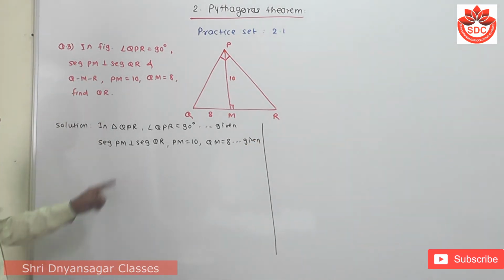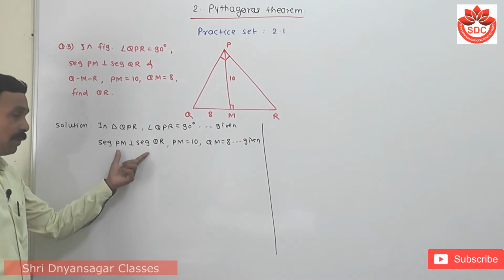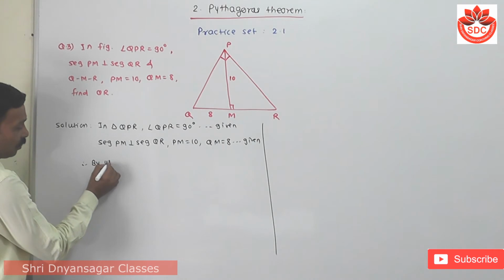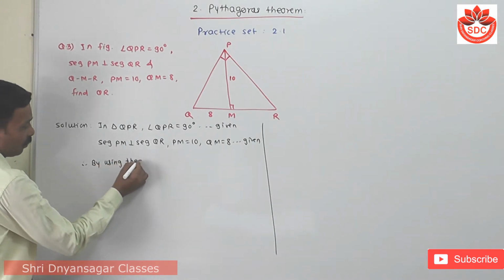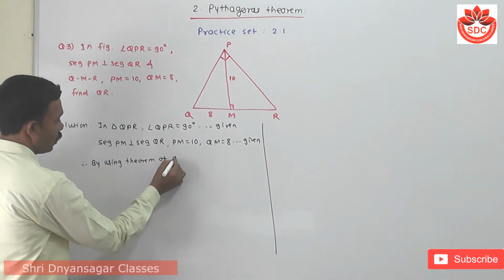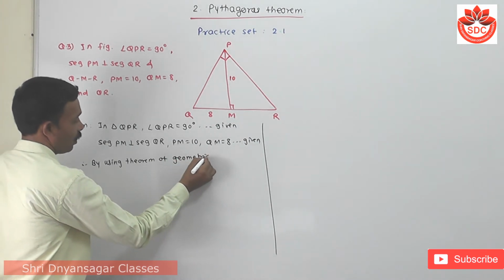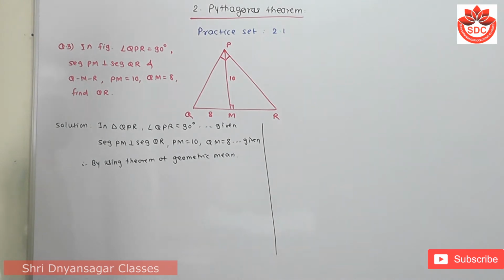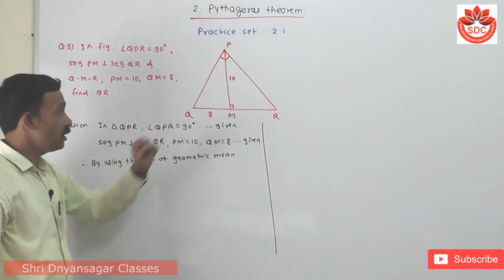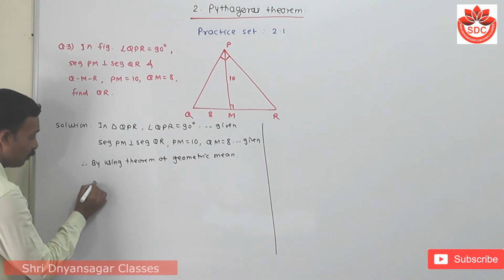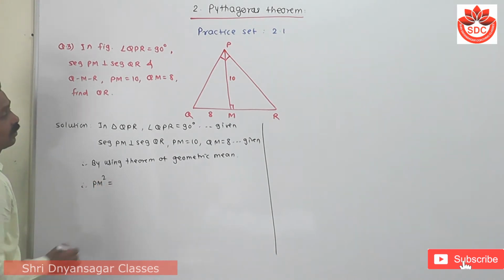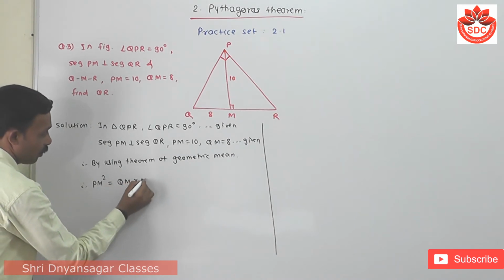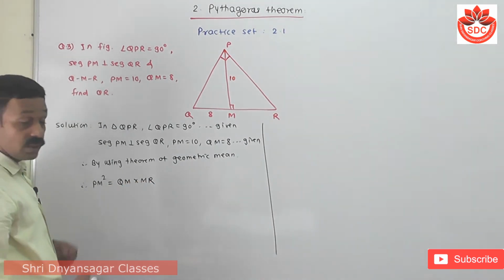Now students, here is a right angle triangle. Draw the perpendicular on the hypotenuse, so that by using the geometric mean theorem, this theorem tells us that the square of this perpendicular length, that is PM square, is equal to the product of these two segments, QM into MR.